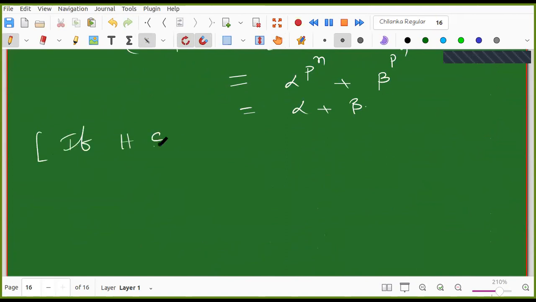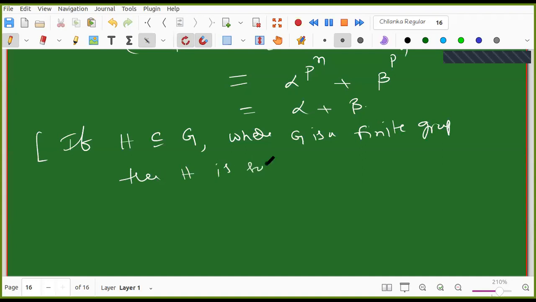If H is a subset of a group G, where G is a finite group, then H is a subgroup. Can somebody tell me the result?